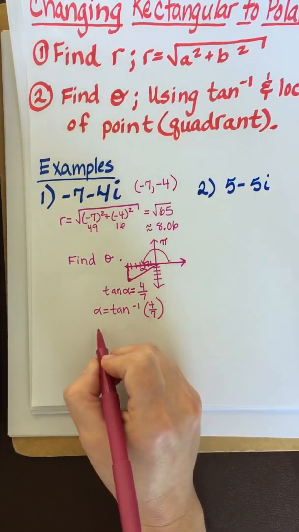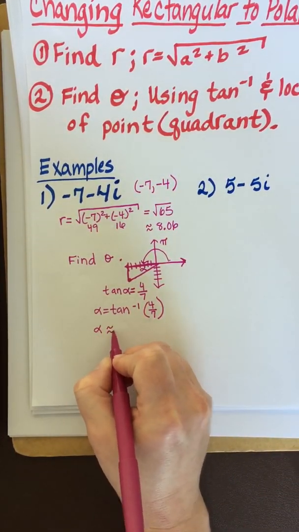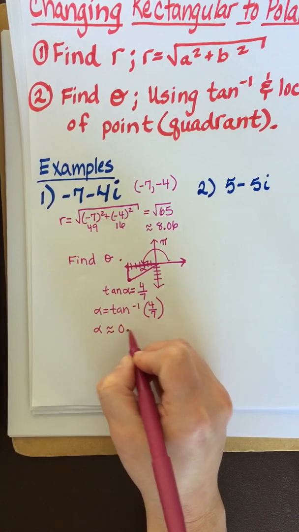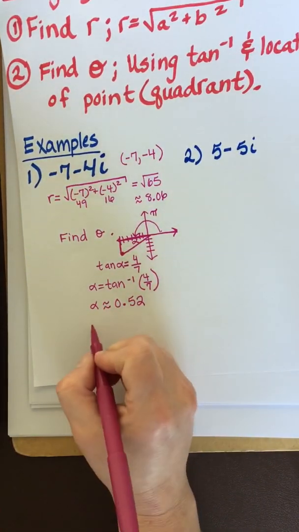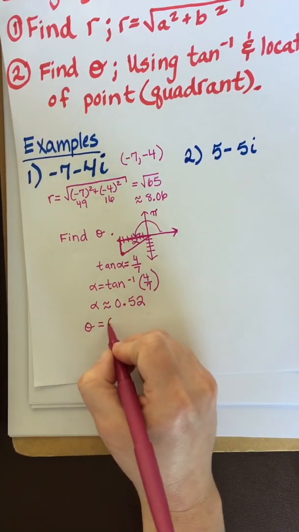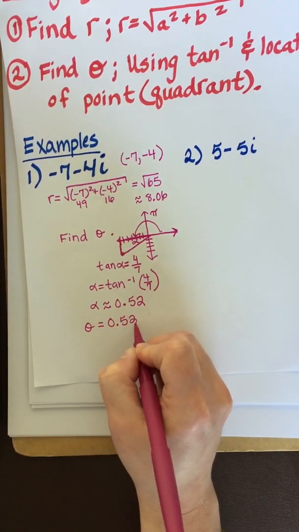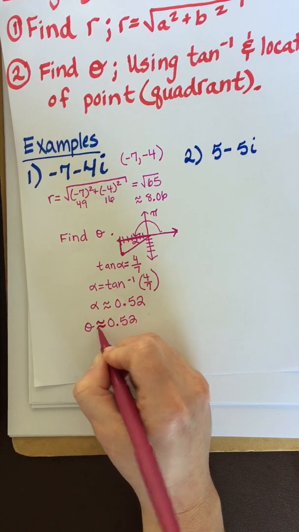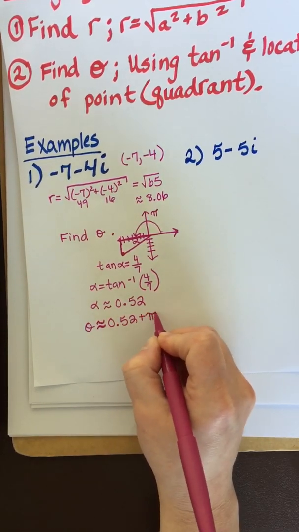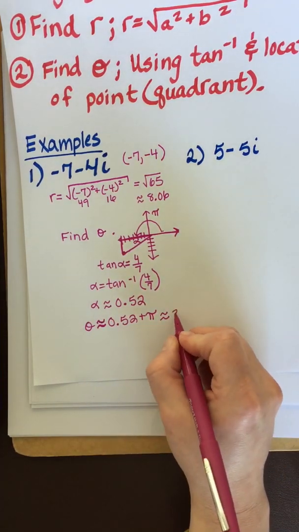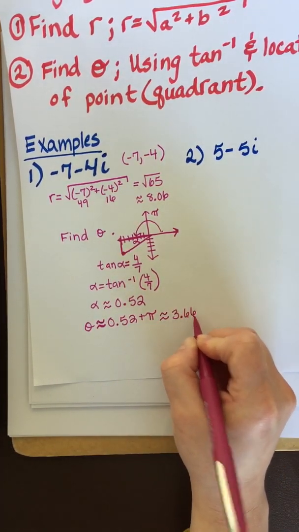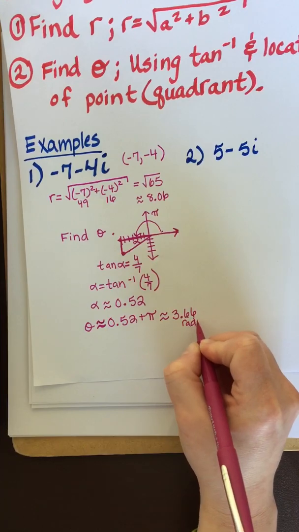And I would just put that in my calculator, and then I get alpha is approximately 0.52. So theta is going to be that 0.52 plus pi. And I'm just going to put that in my calculator, approximate, and I get 3.66, and that's radians.